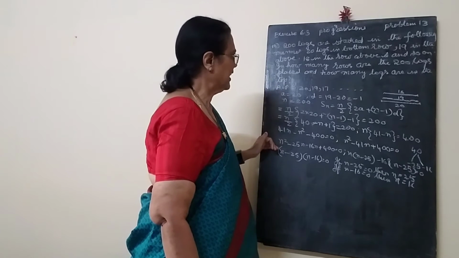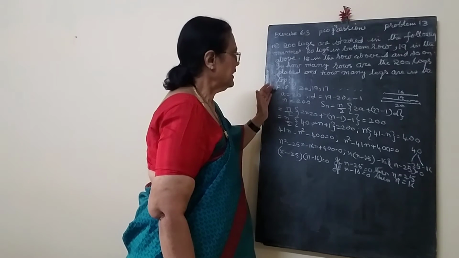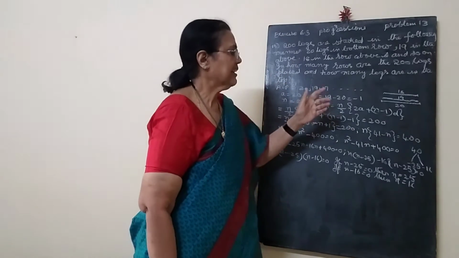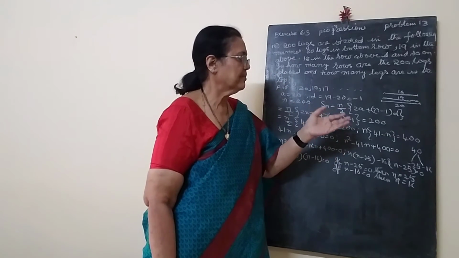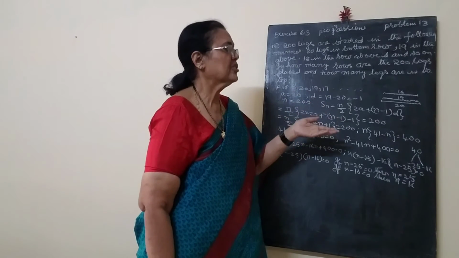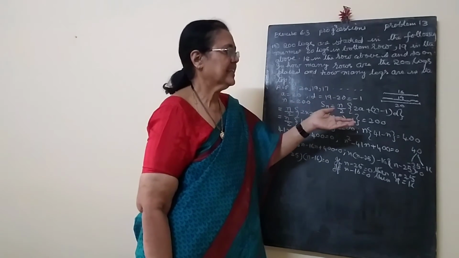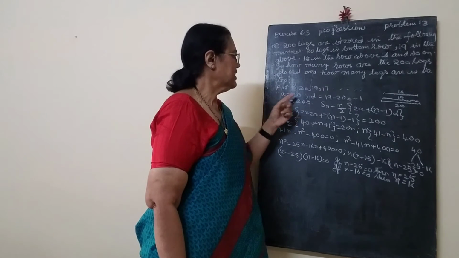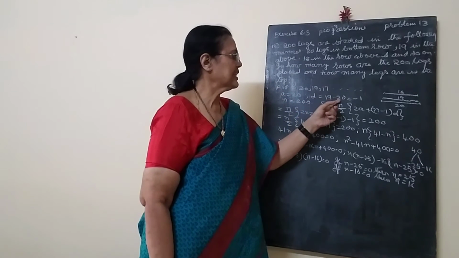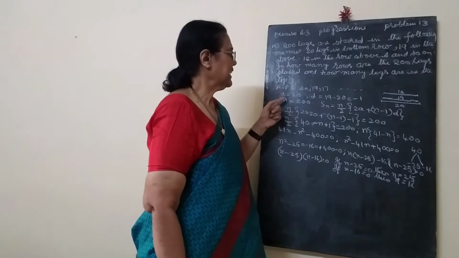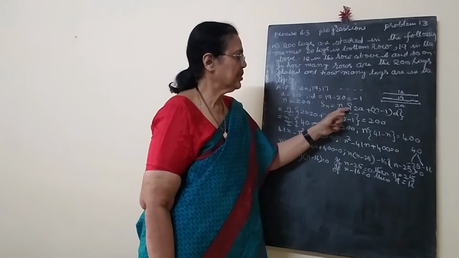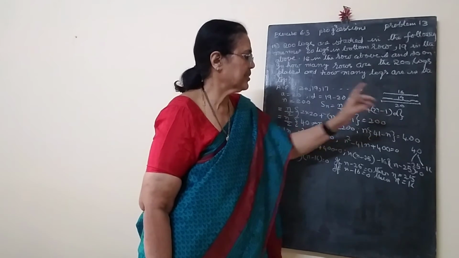Till here can you understand? See, we got an AP because 20, 19, 18, they have reduced one log from each row. A is 20, D is 19 minus 20, that is minus 1, and the total is 200. Then we applied the Sn formula, n by 2 into 2a plus n minus 1 into d.